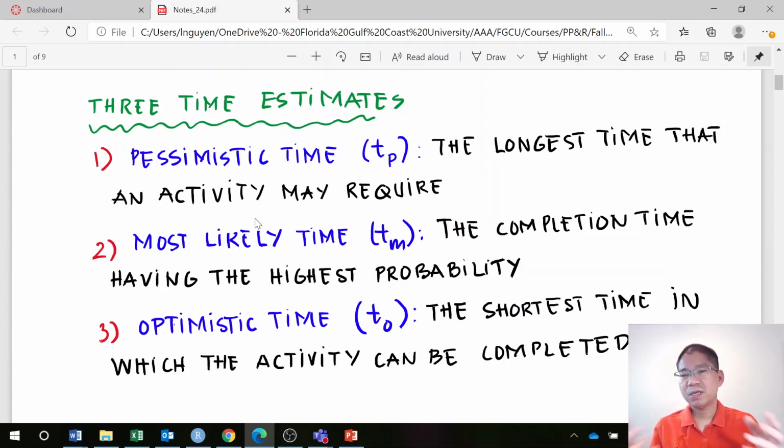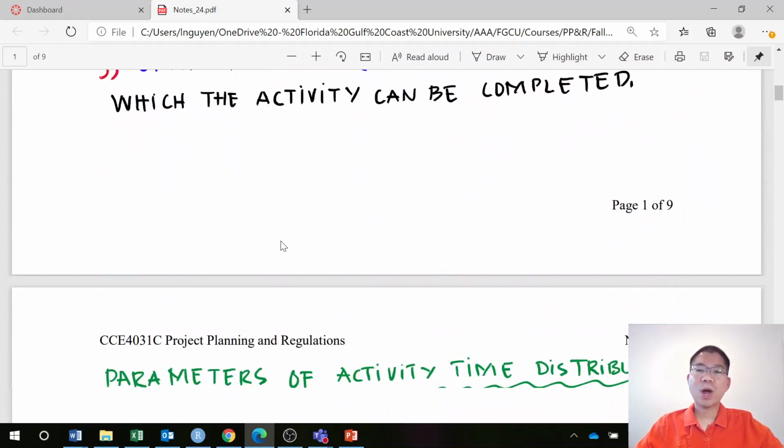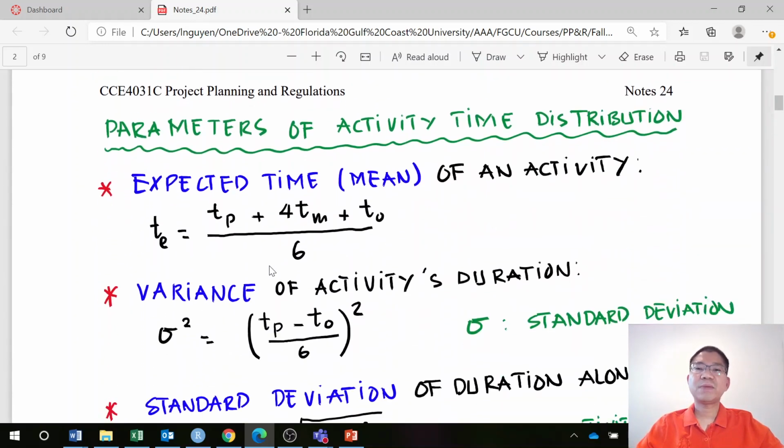So you can see that this can apply to any activity in terms of the pessimistic time, most likely time, and optimistic time, TO. With that, we can determine the different parameters for the activity time durations.